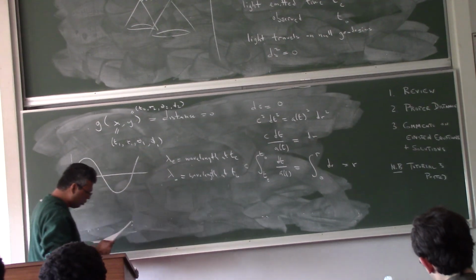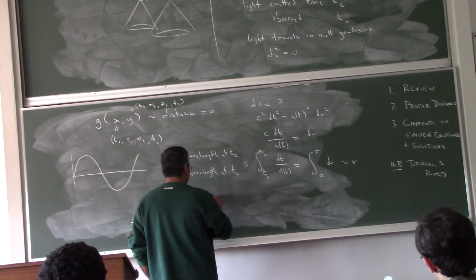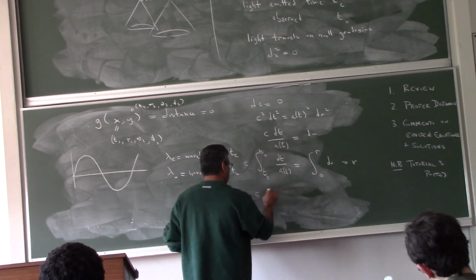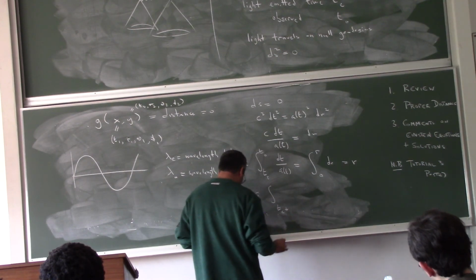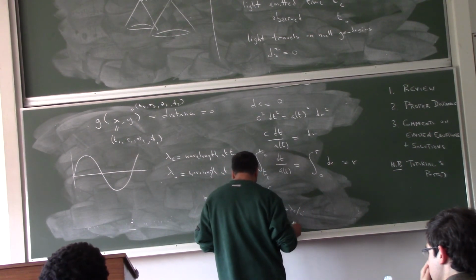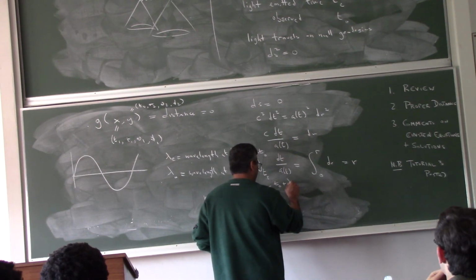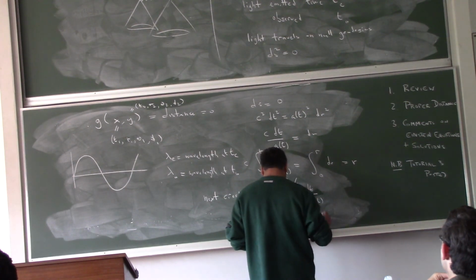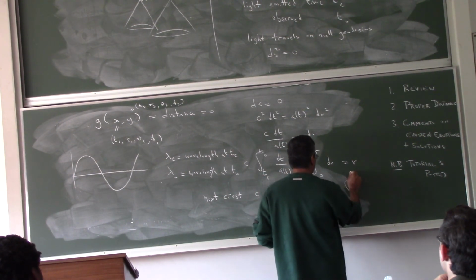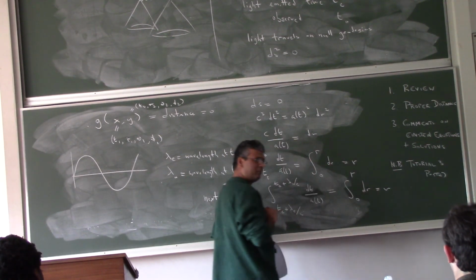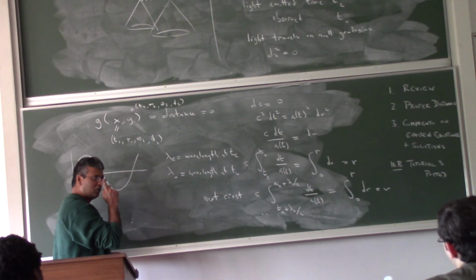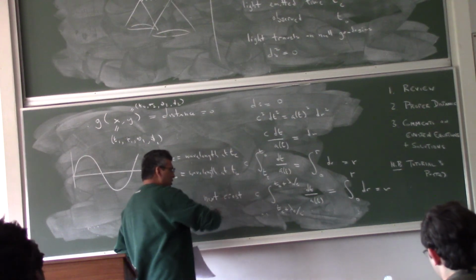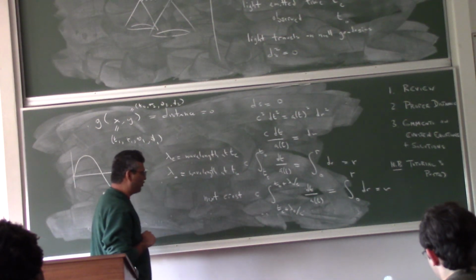So, at the next crest, we have c times the integral from t_e plus lambda e over c to t_0 plus lambda 0 over c of dt over a of t. But this equals the integral from 0 to r of dr, which is r. So the next crest is going to be given by this expression here.